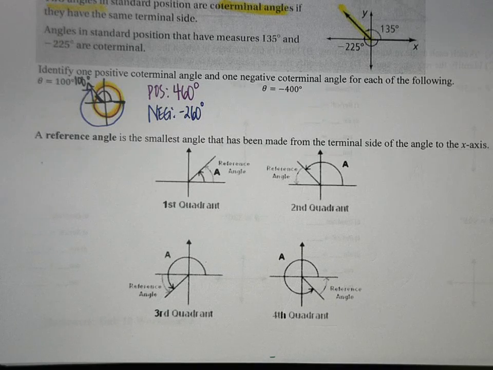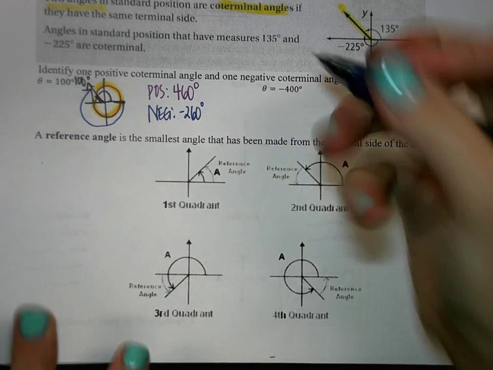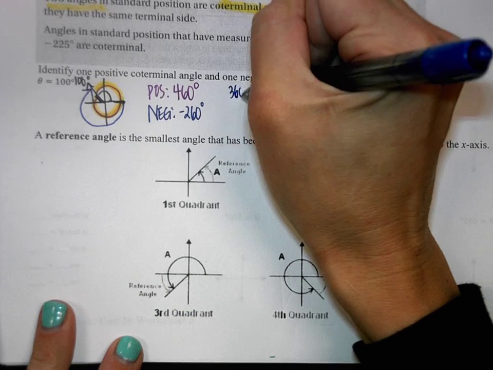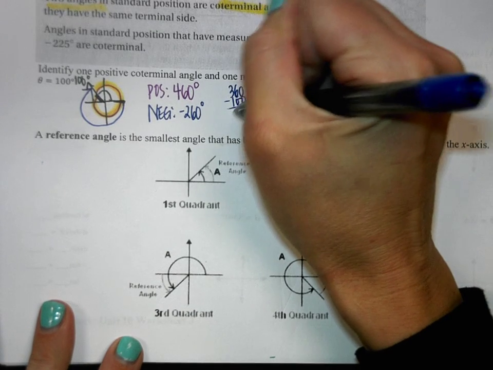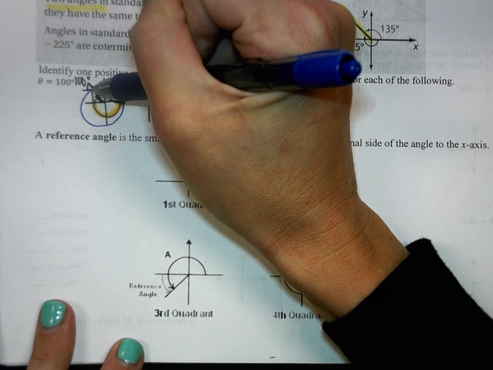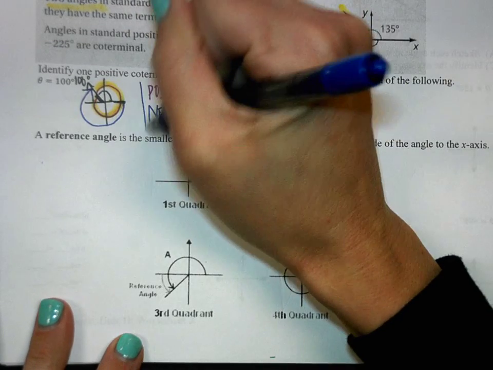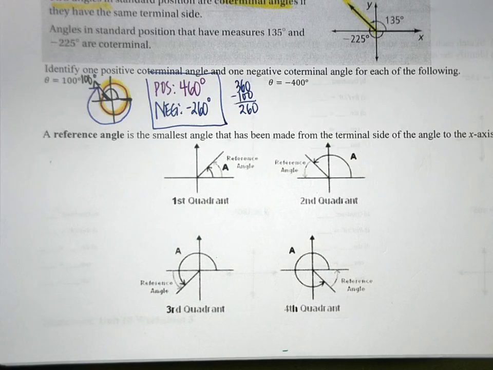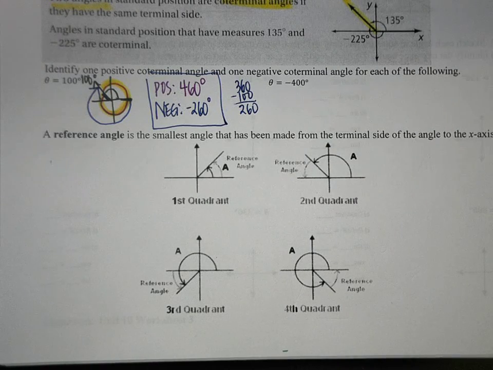The negative and the positive end up making 360 degrees. So all you had to do was take 360 minus 100, which gives you 260, how far you would go negative to get to that point. So negative 260 is the negative angle. Do you have any questions on that one right now?